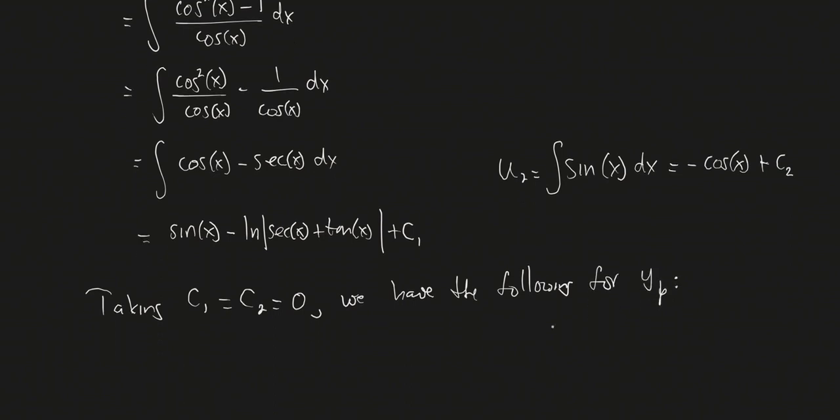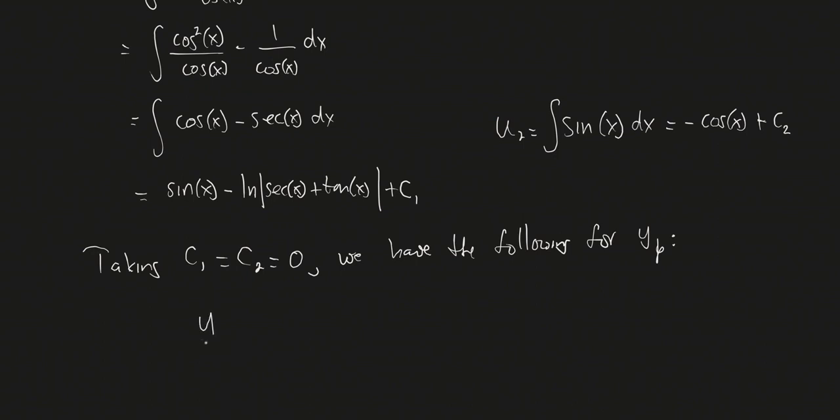And this is what it is. y sub p is going to be, so here's u1, the quantity sine of x minus the ln of the absolute value of the secant of x plus the tangent of x. I'm sorry, this is not y2, this is y sub p.